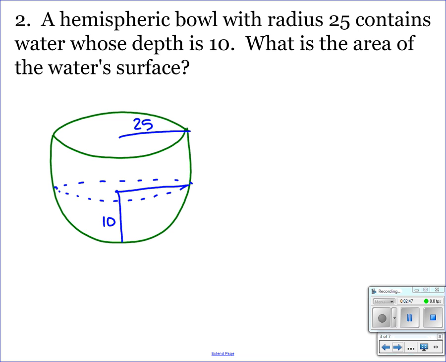Let's look at what we have here. From the center all the way down, that's 25. So from the center up to where the water's depth is, that's going to be 15. I need to find that radius, r, from the center to the edge of the bowl. Since it's a hemisphere, that's 25.